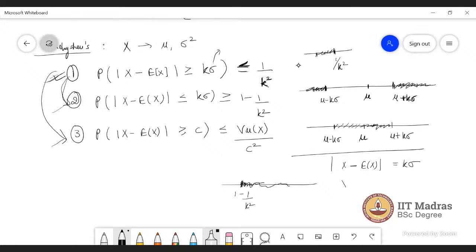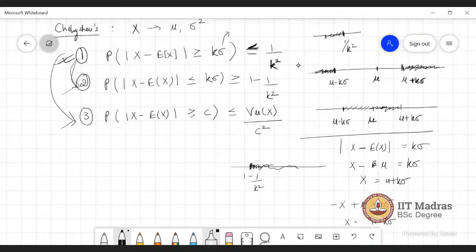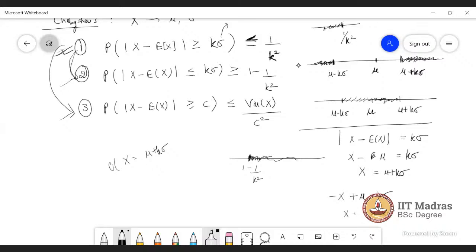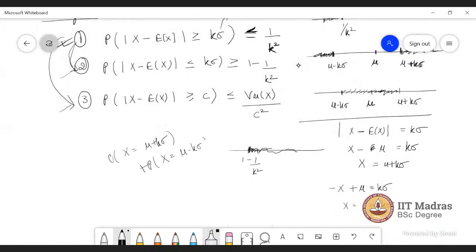It means x minus mu equals k sigma, so x equals mu plus k sigma. And if you take the minus, mu minus x equals k sigma, then x equals mu minus k sigma. So basically you want to know the probability that x equals mu plus k sigma and that x equals mu minus k sigma. Then it will be 1 by k square, right?